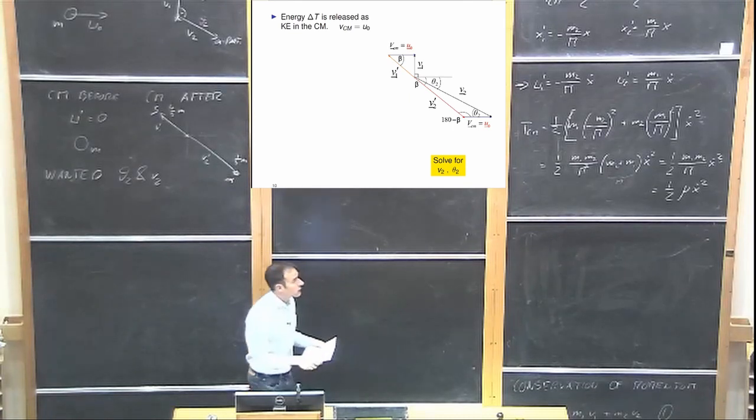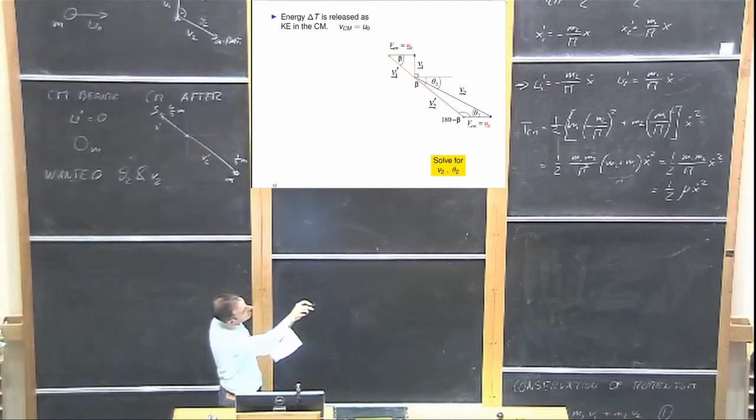So if we start constructing it in the center of mass frame, we get V1 and we get V2. If we transfer it back into the lab frame, we have to boost V1 prime to get V1, and we have to boost V2 prime by VCM to get V2.